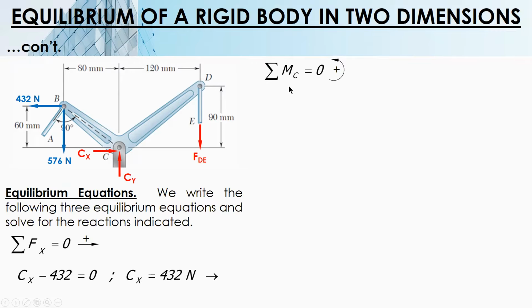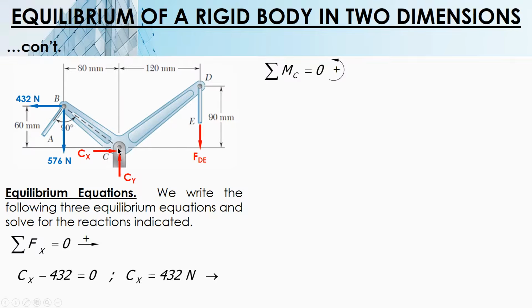Now, why summation of moment at C and not summation of force along Y? If you sum up forces along Y, you still have two unknowns, FDE and Cy. Therefore, you sum up moments first about point C. So that's equal to 0, and you can solve for FDE.